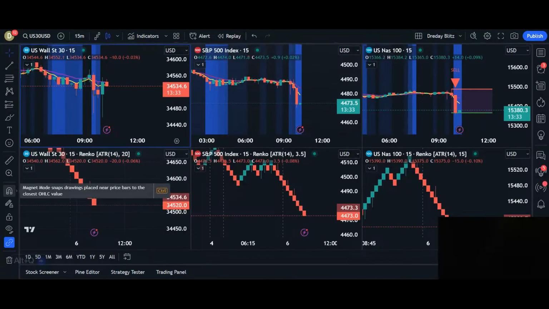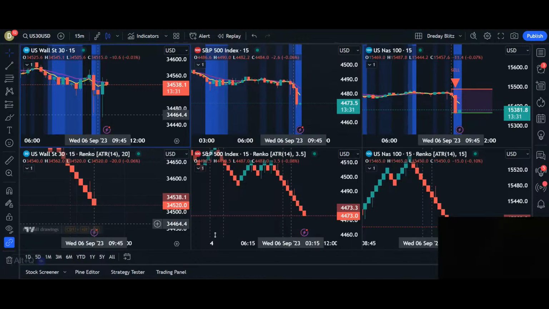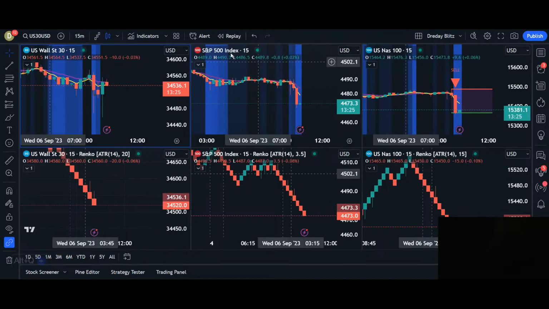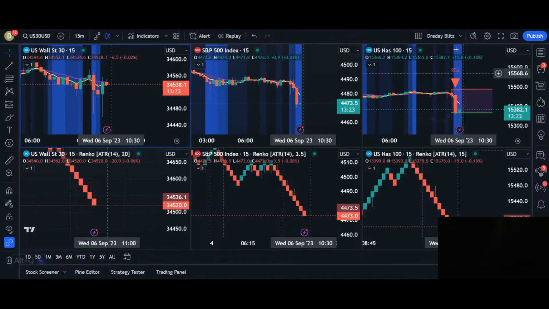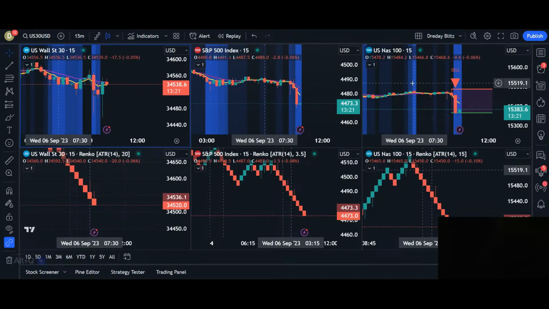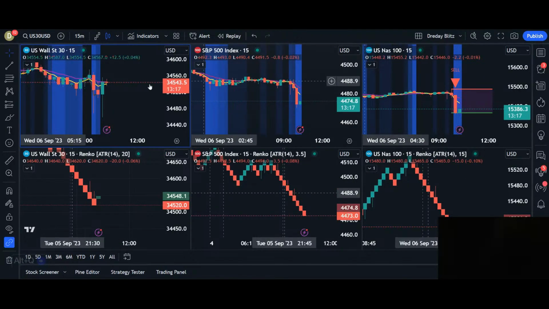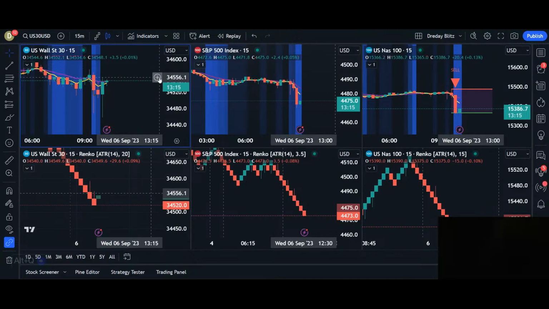Same thing for S&P 500. It's the one from Oanda. And same thing for the US NAS 100. That's the Oanda one that I use. So all of them are Oanda.